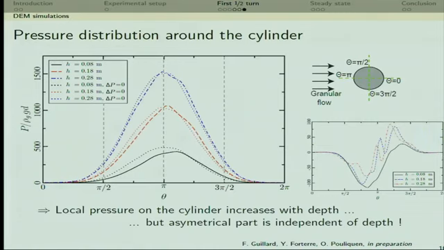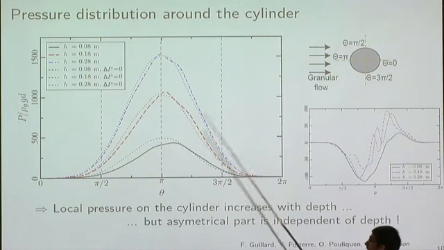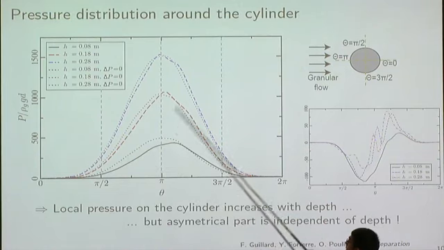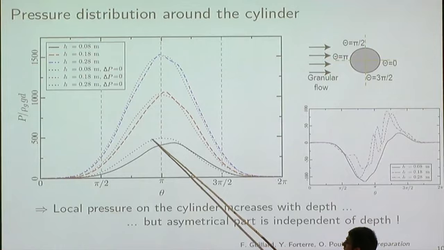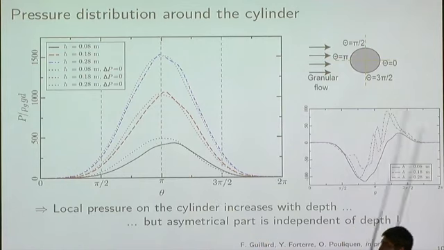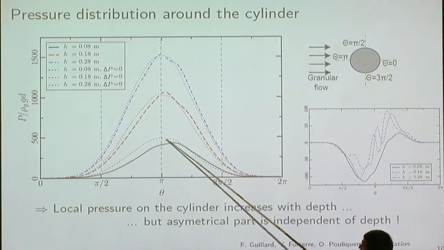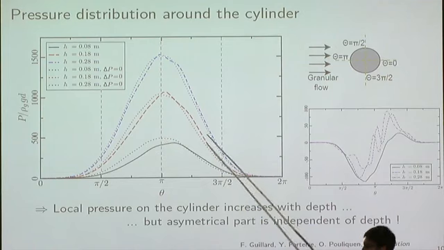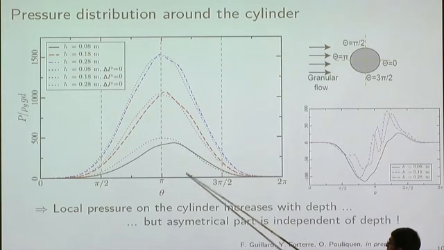And now we can plot the pressure distribution for various depths or equivalent depths. The dotted lines are without pressure gradient. The plain lines are with pressure gradient. And what we see, it's more clear here, is that by adding the pressure gradient, the pressure distribution is shifted behind the cylinder.